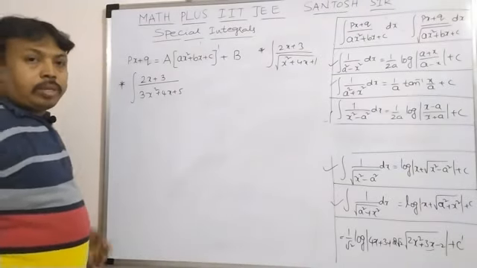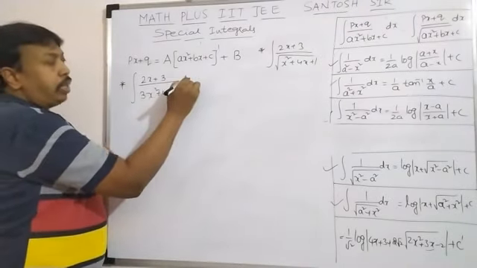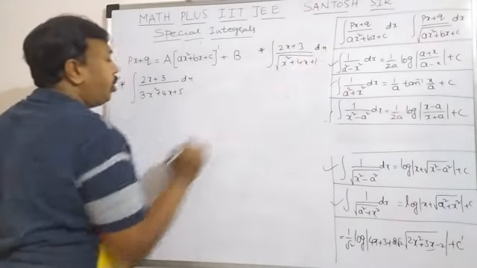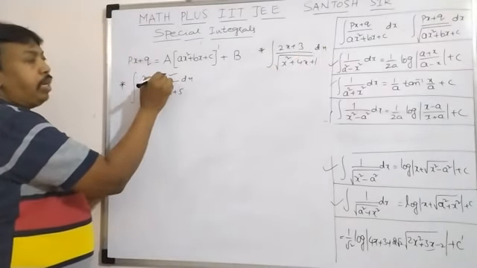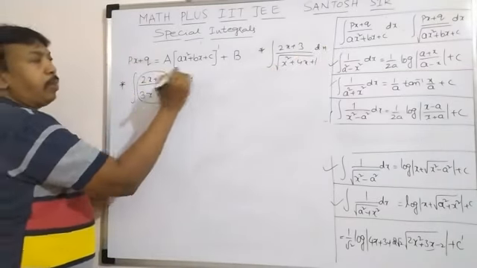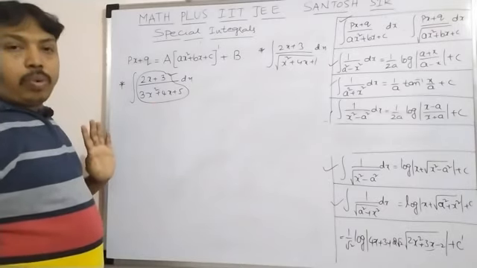Now see here, this integrand is in the form of (px plus q) upon (ax square plus bx plus c). So linear upon quadratic.